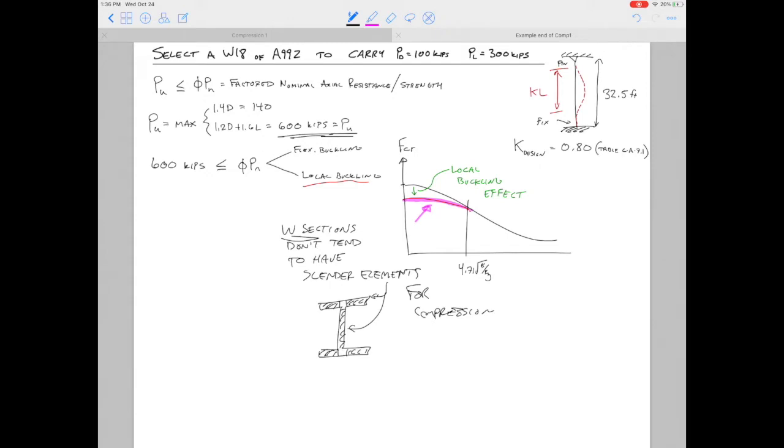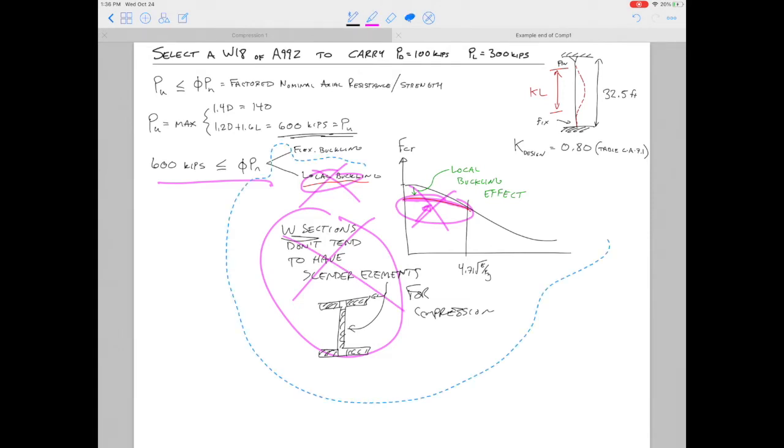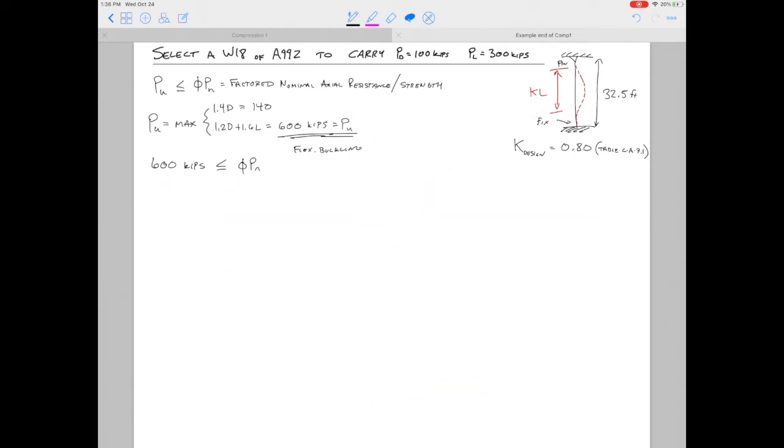So, okay, what does that have to do with the design? Well, since this is the case, since we know it's the lower stress, and since it's also very complicated relative to flexural buckling, we typically do not consider local buckling for the design. So I'm going to go ahead and take all of this away. So for design, we really want to focus on flexural buckling for the most part.